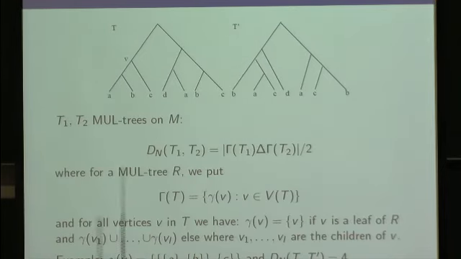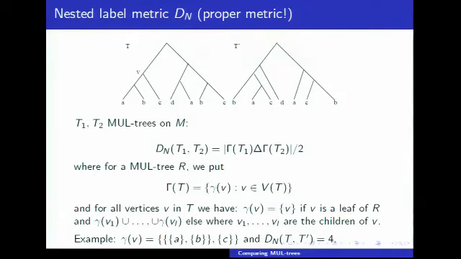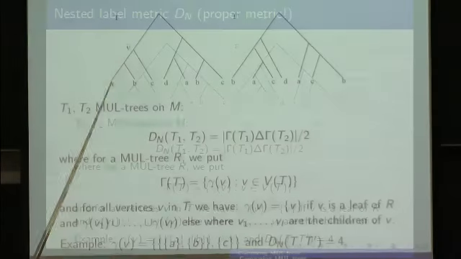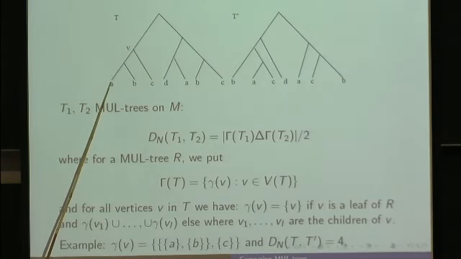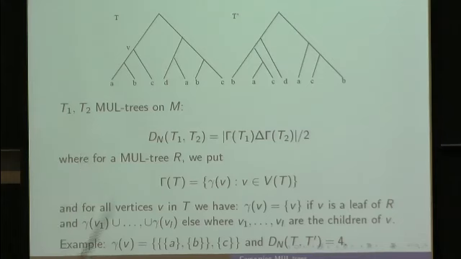Well, there is, for example, the nested label metric that was introduced, I think, by Louis Nacle, and worked on by Gabriel Valiente and co-workers. And this is also a distance on my tree set. Namely, what you do is, you start off with the leaves, and to every leaf you just define its nested label to be the set containing that leaf.